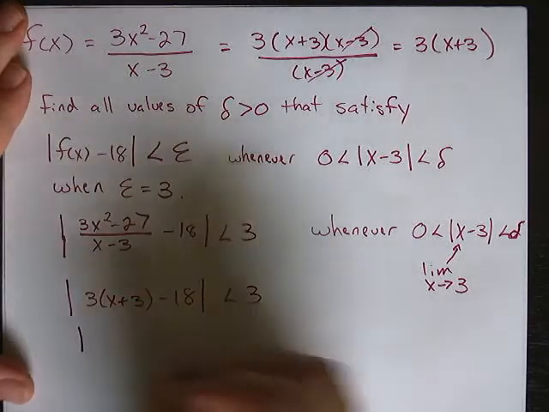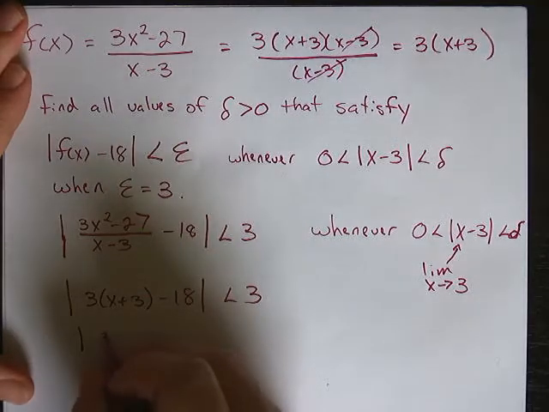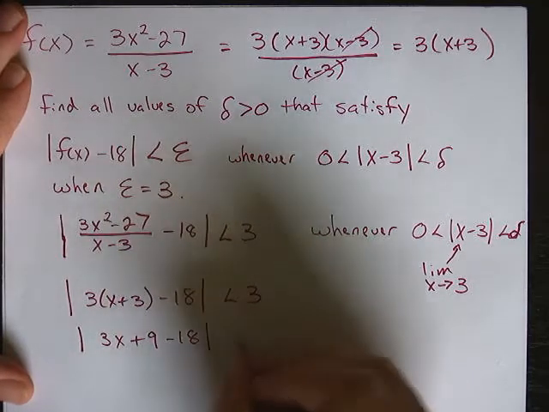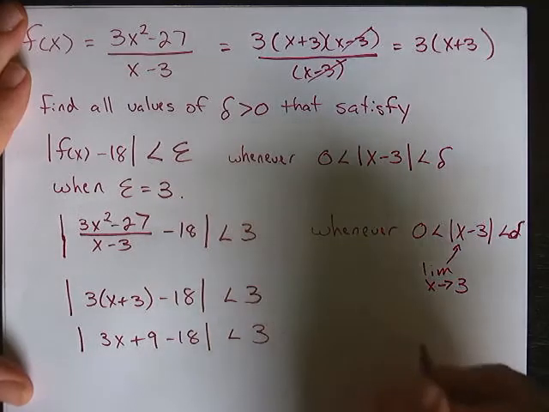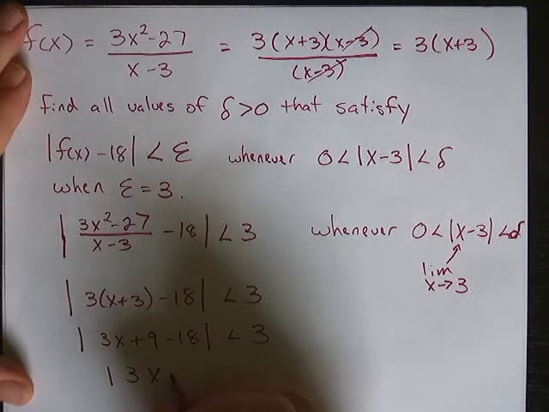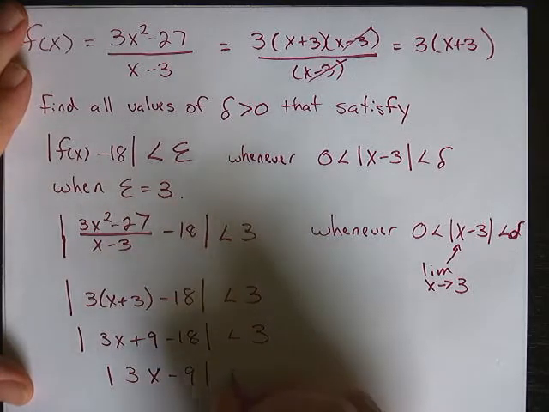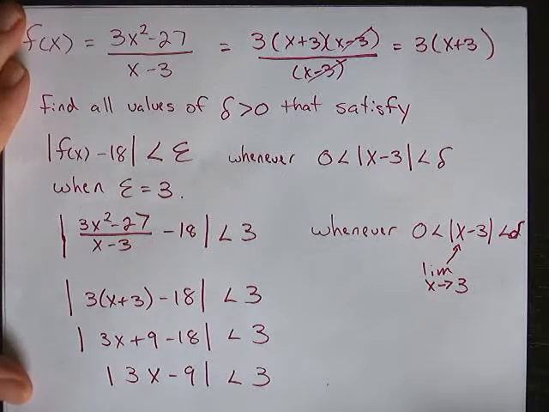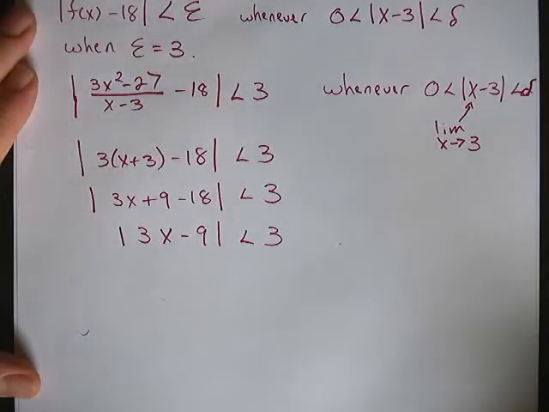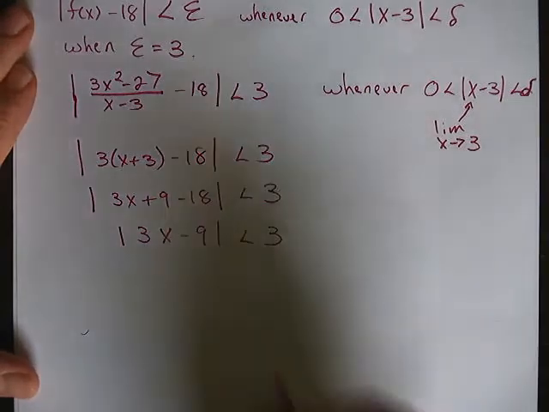So we have 3x plus 9 minus 18 is less than 3, which gives us the absolute value of 3x minus 9 is less than 3. To solve this, we need to solve for x.